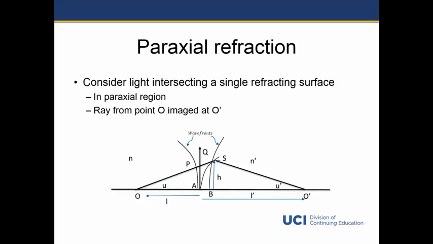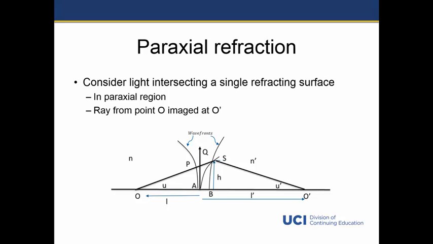Now let's take a look at doing a ray trace. Again, our surface is effectively planar for our approximation, although I have sort of drawn the actual surface shape, the sag, here just to give a point of reference.